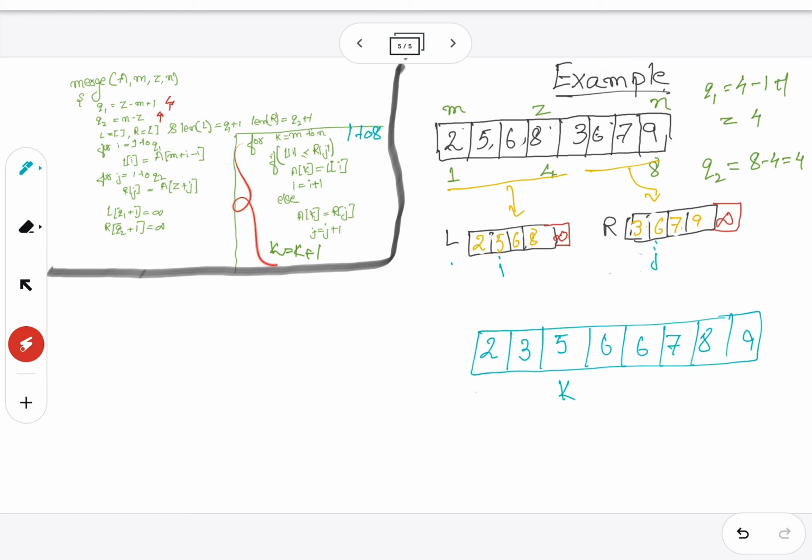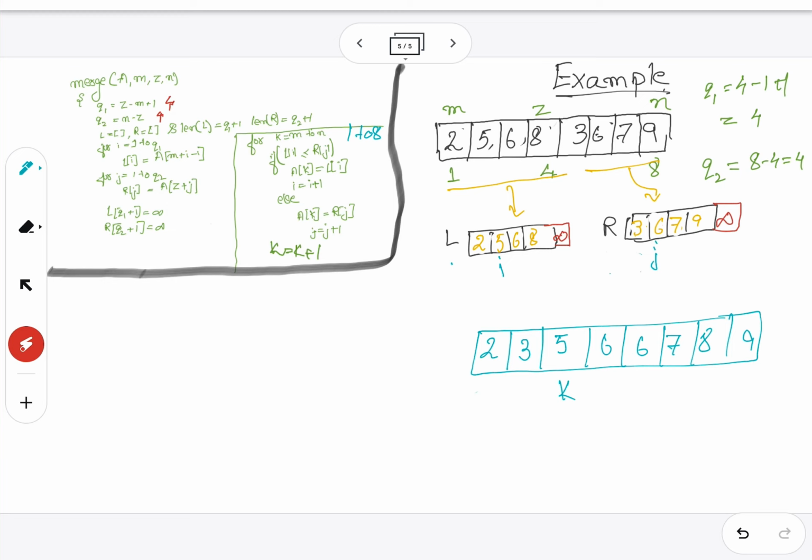And this is the part where we compare both the left and right subarrays and copy them back into the previous array itself. Since we have already copied the elements, we can delete all the entries of this particular array and reuse it.